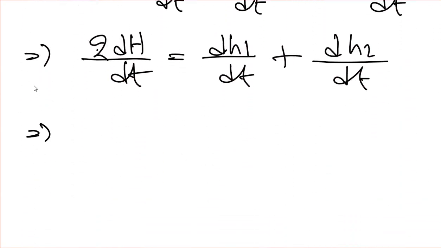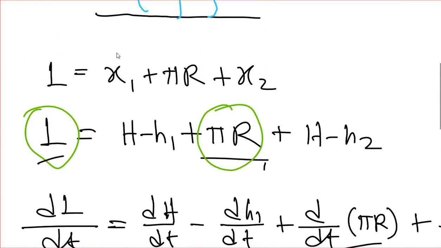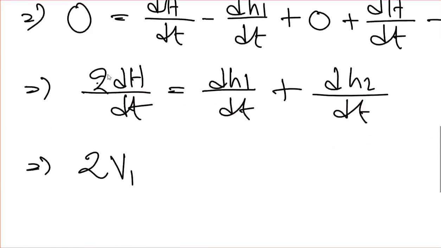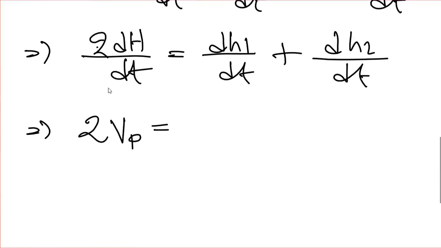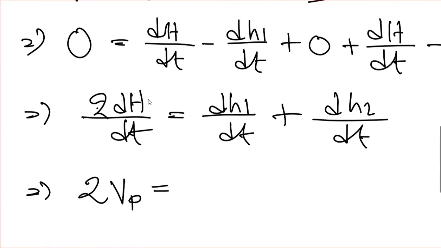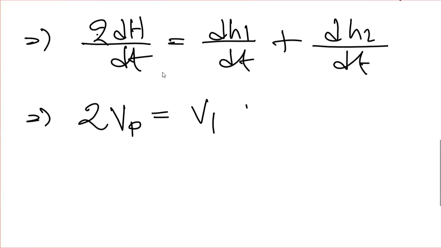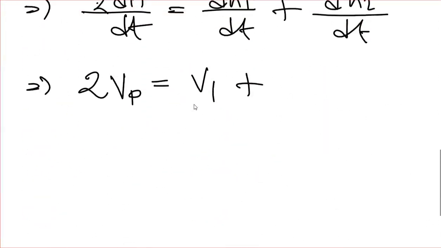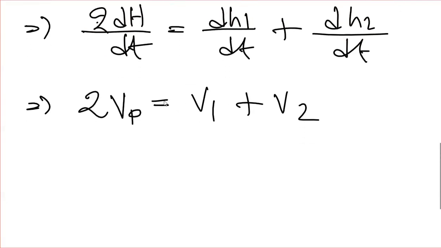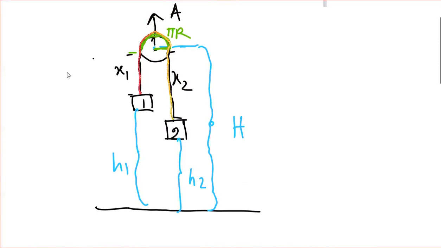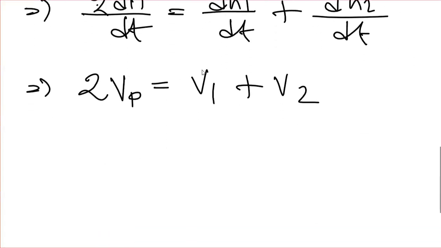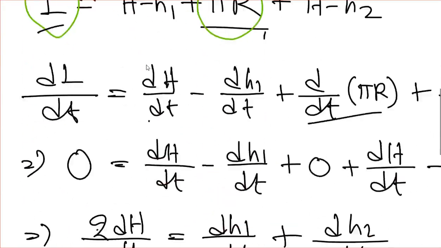So this part will be 2 v, where v is the velocity of the pulley, vp. And dh1/dt will be the velocity of block 1, v1, and block 2 velocity will be v2.